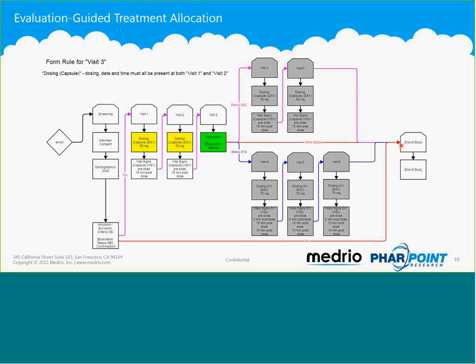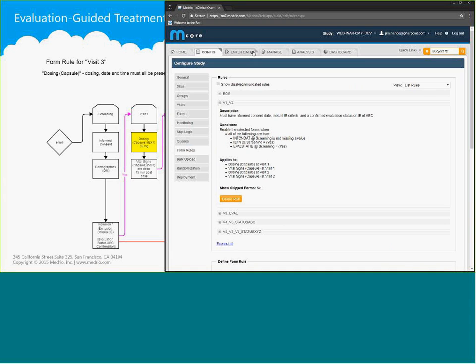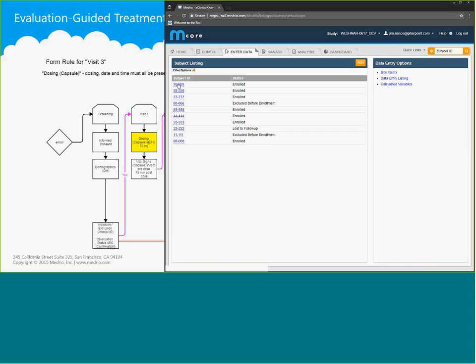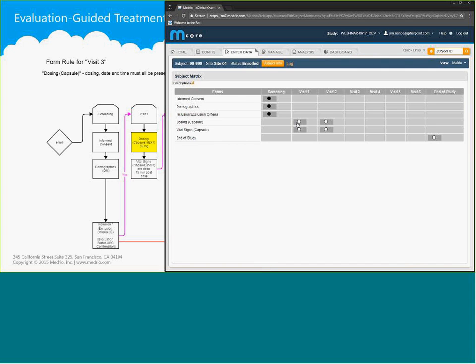And before we want to have the evaluation, we want to make sure we have confirmed dosing for our protocol at visit 1 and 2. So we're going to be having confirmed dosing as in non-missing values for dosing date and time at each of visit 1 and visit 2. So we'll put that in there real quick.